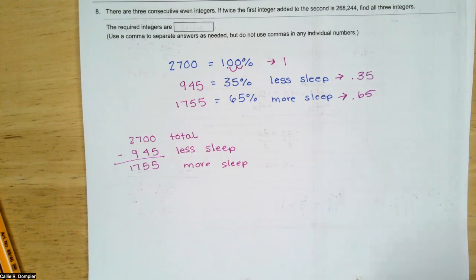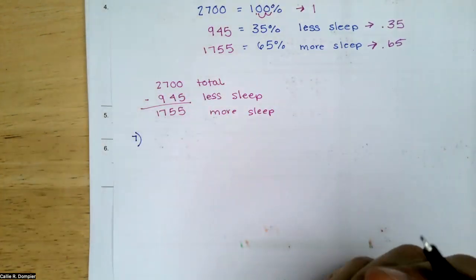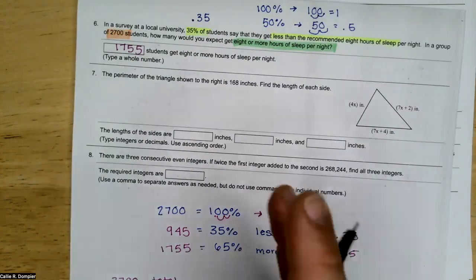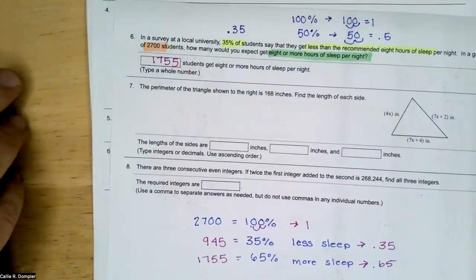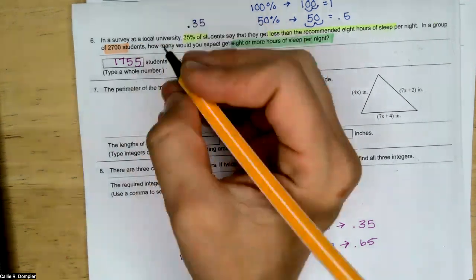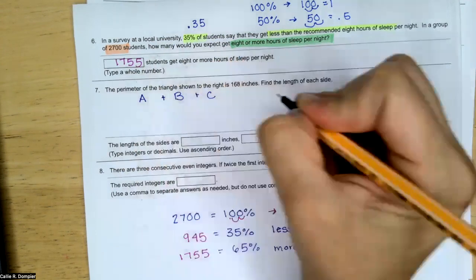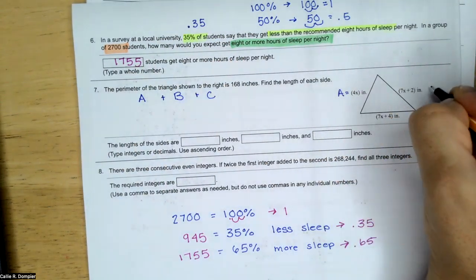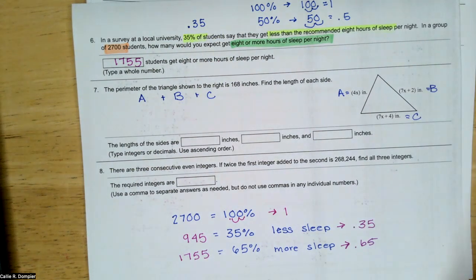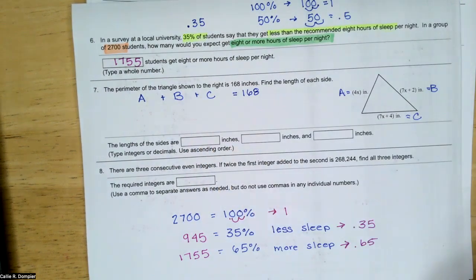Okay, our last one, number 7. Number 7 says the perimeter of a triangle is 168. Perimeter means all the sides added together. So this is a lot like question number 5. We have side A, side B, and side C. If I add them all together, I'll get 168 inches total.